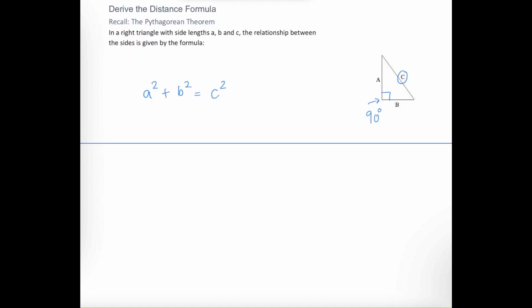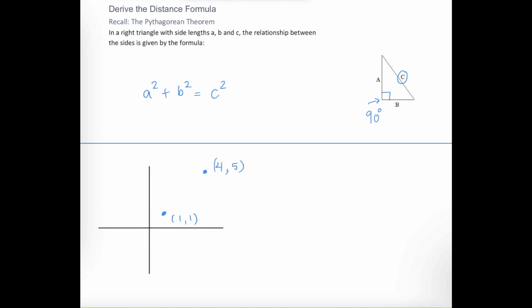So let's take a look at a specific set of ordered pairs, and then we're going to come up with a process to get our distance between these ordered pairs, and then we'll use this process and generalize it to determine the distance formula. So I'm just going to, at random, select a couple of ordered pairs, (1, 1) and (4, 5).